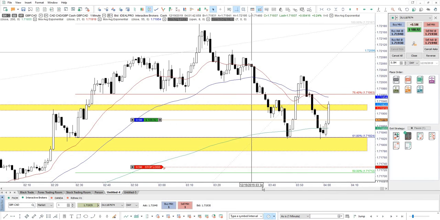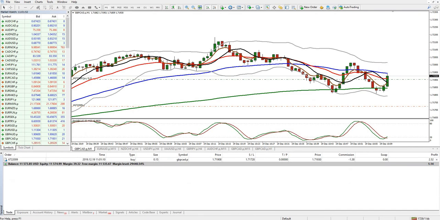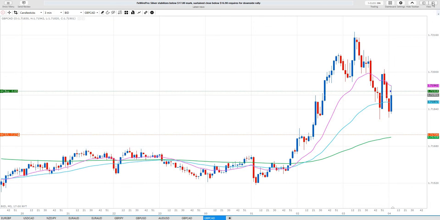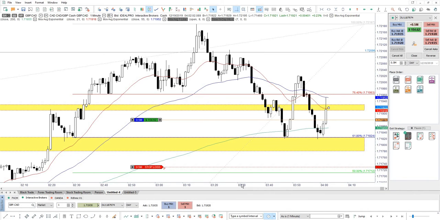And it's already there. All right, so we are in the money immediately, as you can see, which is a good thing. That's what we want to see, right?